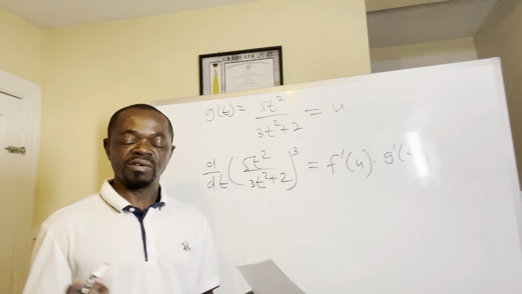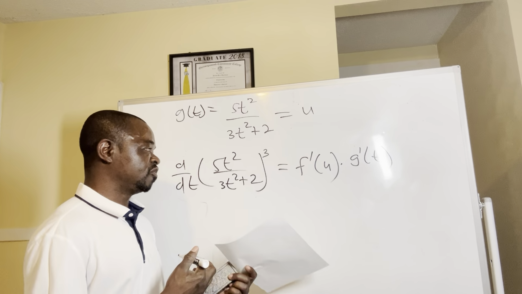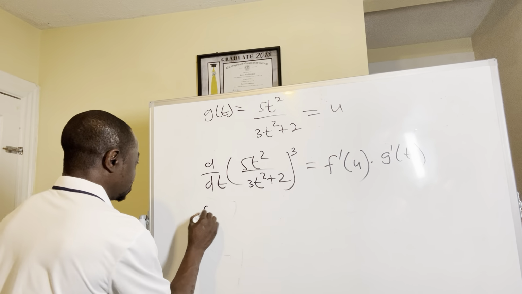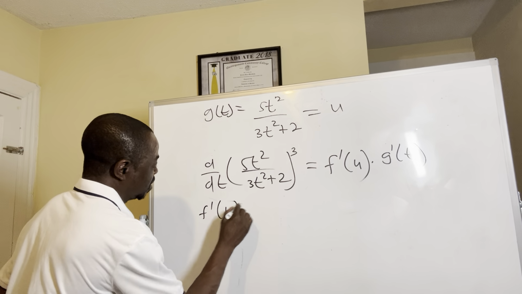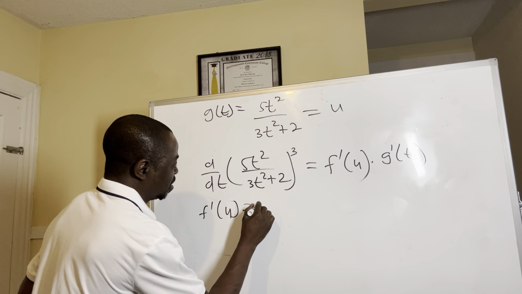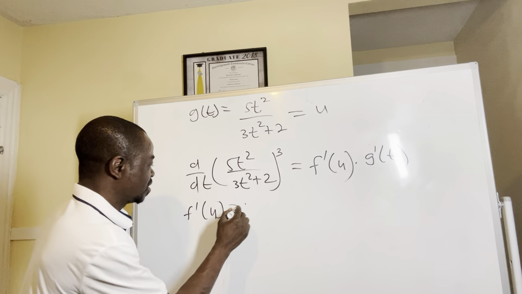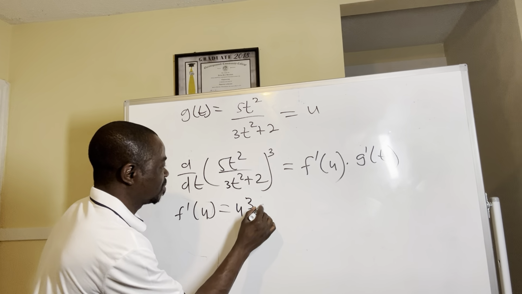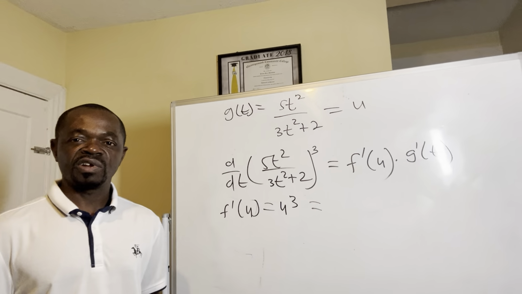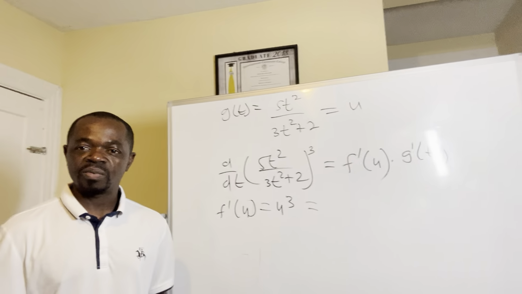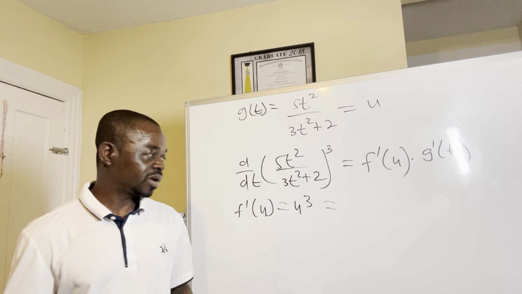So let's find the derivatives of the two functions f and then g. So f prime of u is equal to what? This is u to the power 3. So if I take the derivative of u raised to the power 3, simply bring down the 3 multiplied by u, then reduce the power by 1.